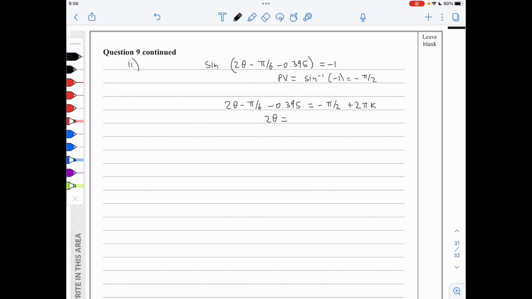So 2θ is -0.652 + 2πk. So dividing throughout by 2 leads to θ being -0.326 + πk. And the first positive solution is when k is 1, which gives me θ to be 2.82.